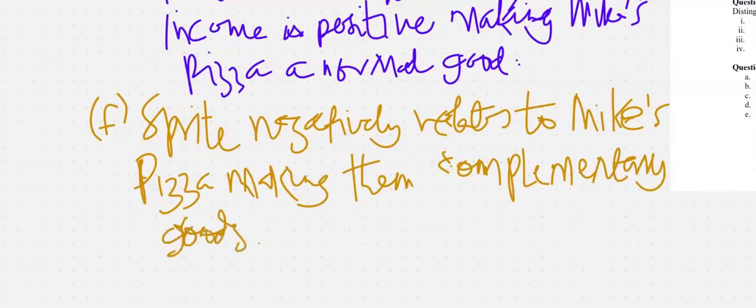All right. So Sprite negatively relates to Mike's Pizza, making them complementary goods. That's all. Let's move on to the next.